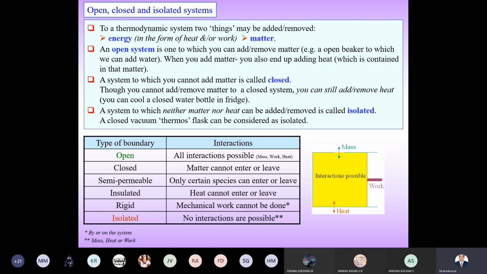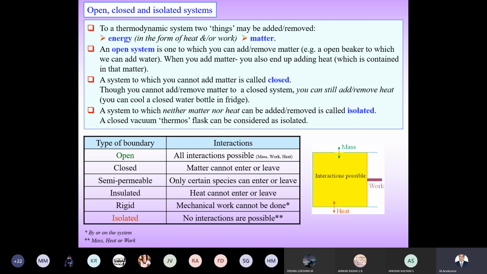If you can transfer both mass and energy, that is called an open system. For example, a coffee or tea in a cup is an open system. We can add or remove mass, and also add or remove energy, which may be heat energy.